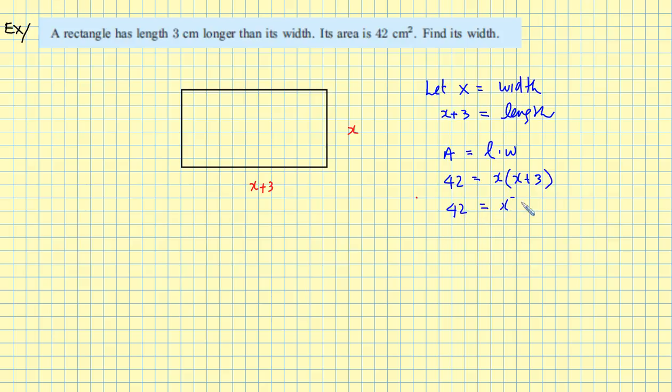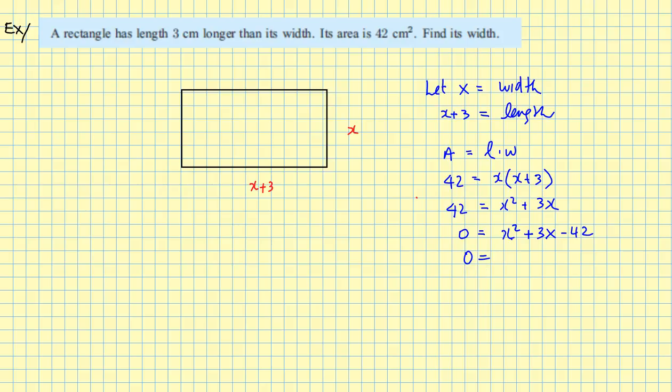42 will equal x squared plus 3x, and I will say that 0 is equal to x squared plus 3x minus 42. I need to find two numbers that multiplied together equal negative 42, but summed up together will give me positive 3.